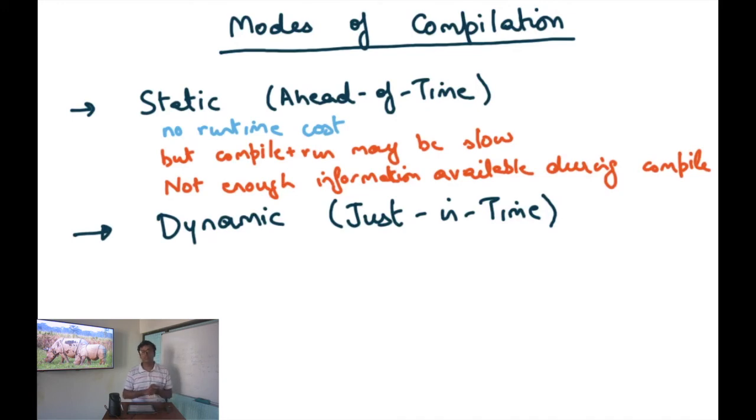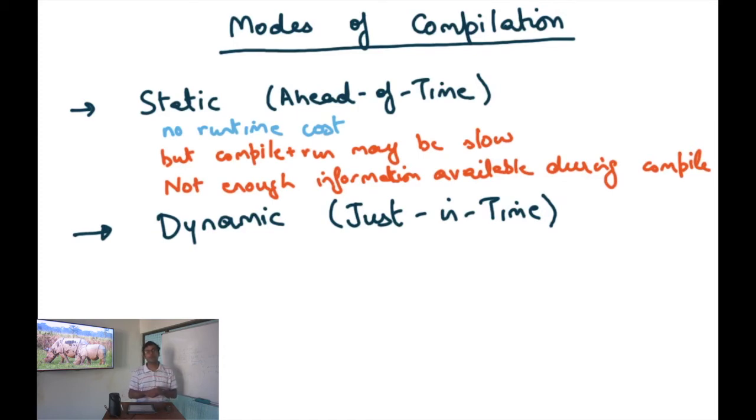A much more serious problem with static compilation is that at the time of static compilation, you don't know what part of your program is going to be executed more and which part of the program is going to be executed less. You also don't know what is the typical nature of the inputs that this program is executing on.